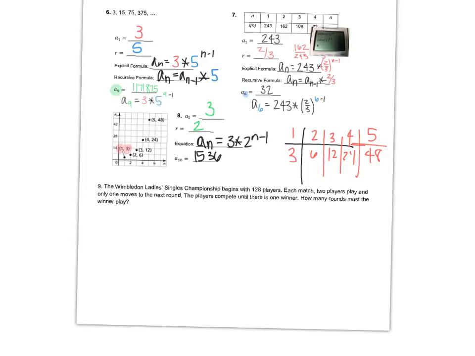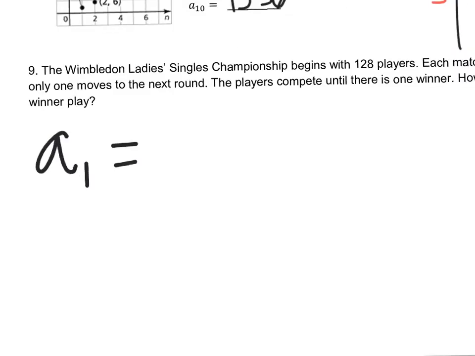So when I'm looking at this, the question is asking me about the rounds that are played. It's not asking me about how many people are playing. So if that's what it's asking about, then that's what I need to write my equation in terms of. Not that it starts off with 128 people, but in the first round, how many matches occur? 64. There'd be 64 matches.